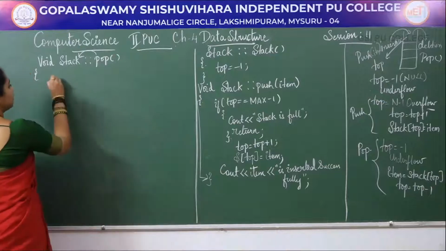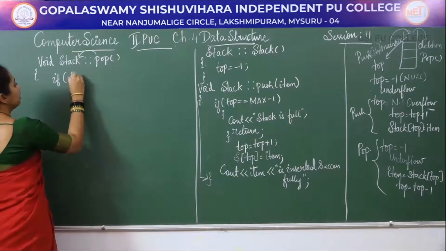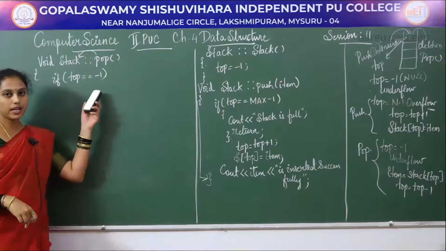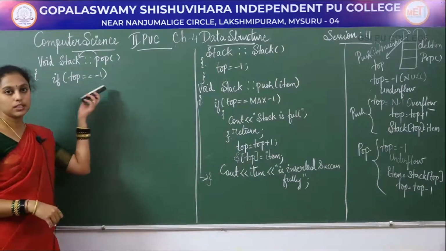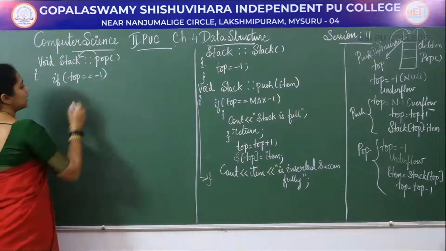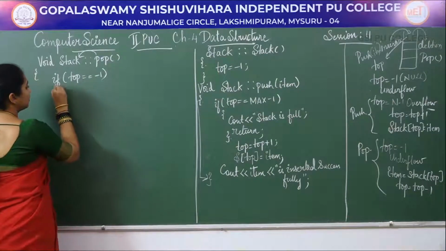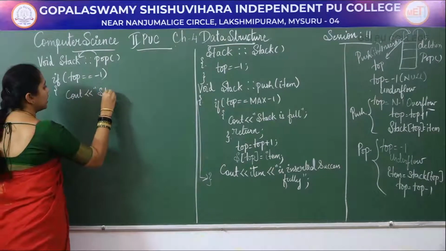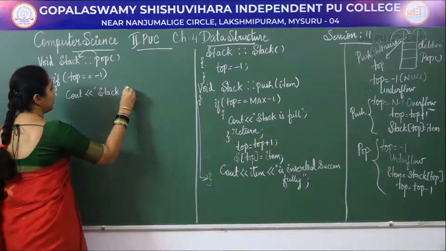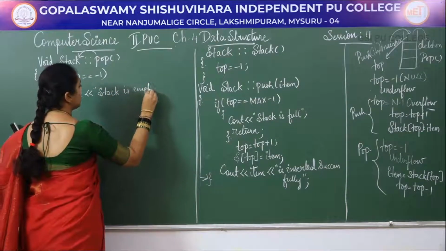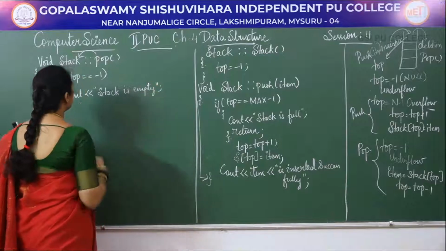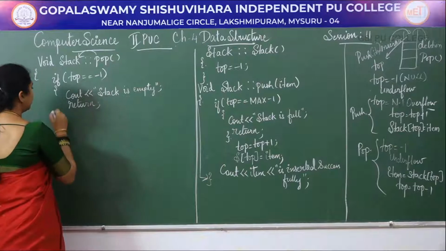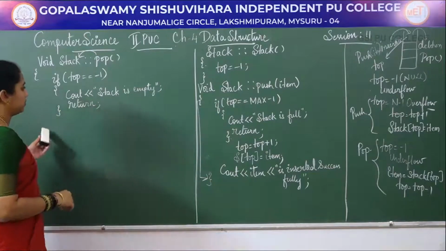That's why we have to check the condition: if top is equal to -1, or you can write top is equal to null, then the stack is empty. If it is empty, we cannot remove any item from the stack, so we are returning from the condition.